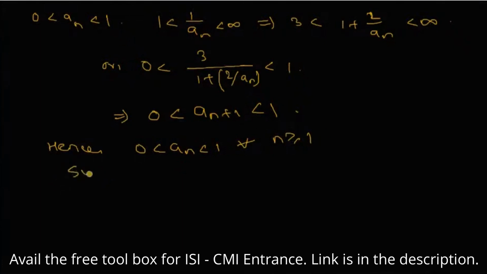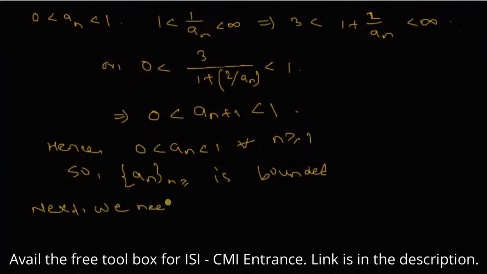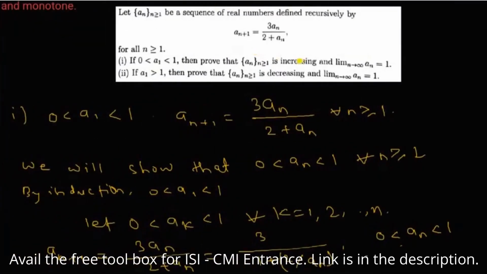So we have shown that this sequence a_n is bounded. Next, we need to show that the sequence is increasing.